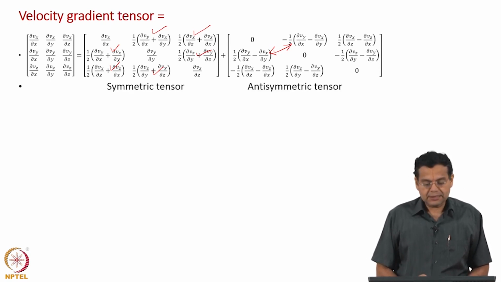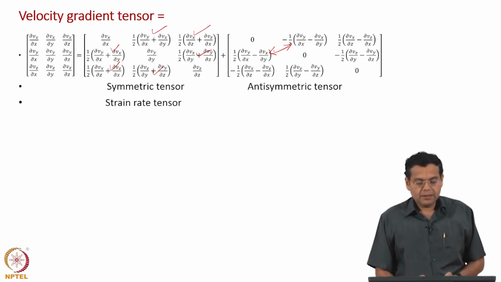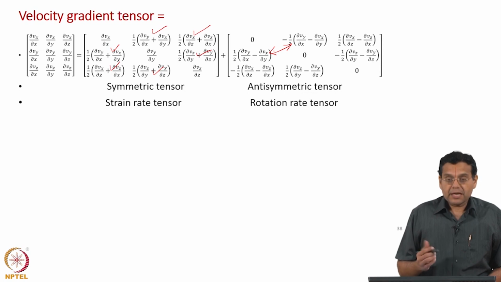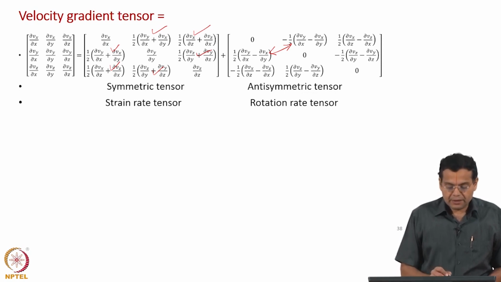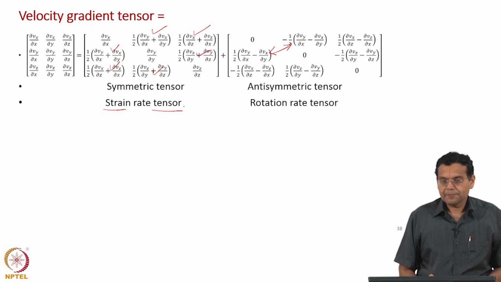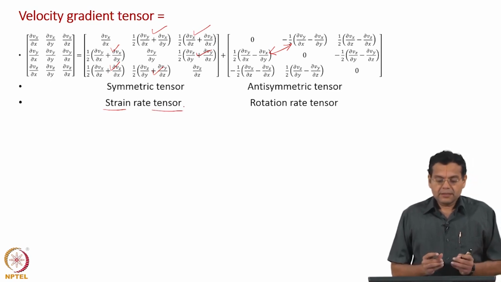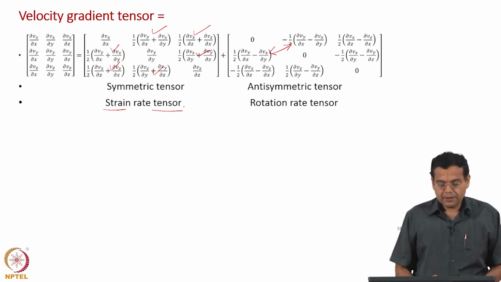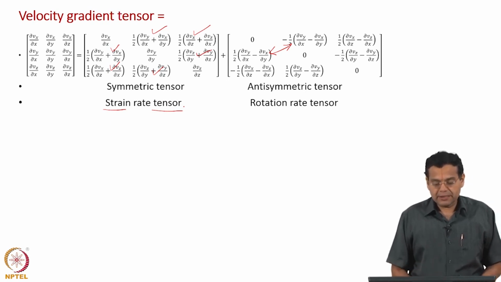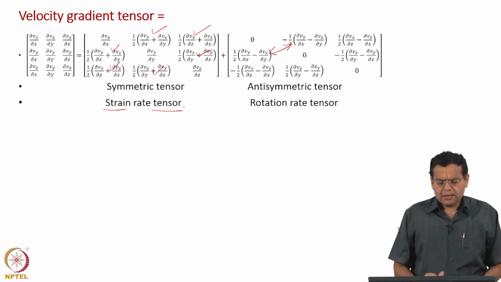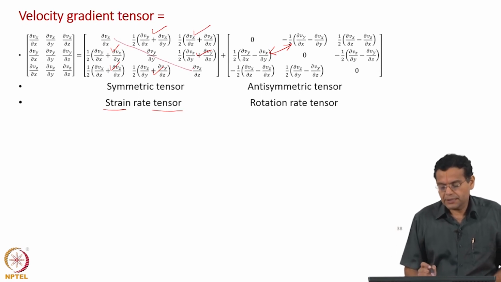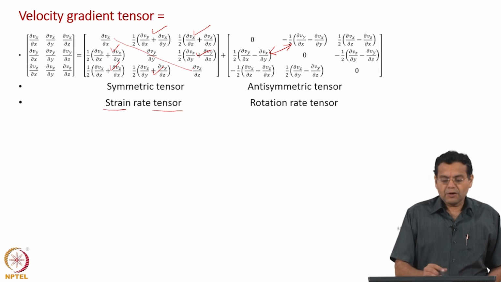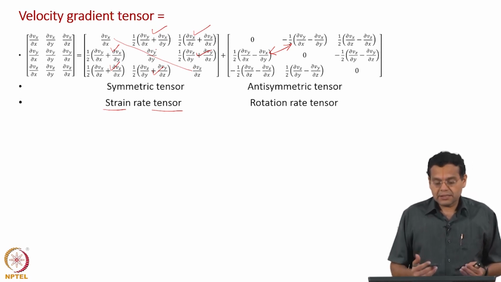Symmetric tensor, antisymmetric tensor. And how do we name them? In the case of solids, we call it the strain tensor because it contained information about deformation, namely normal strain and shear strain. Now, this tensor contains information about rate of deformation, namely normal strain rate and shear strain rate. All the diagonal elements represent the normal strain rate, the off diagonal elements represent the shear strain rate by 2.